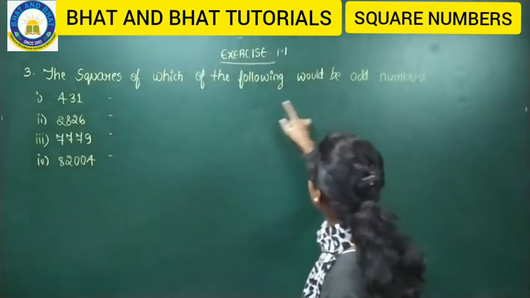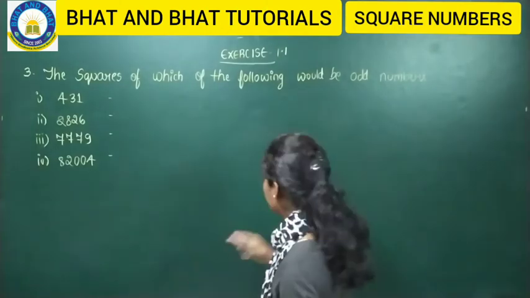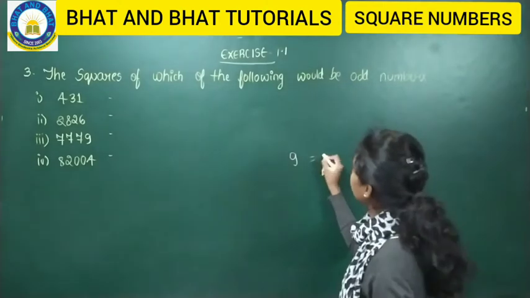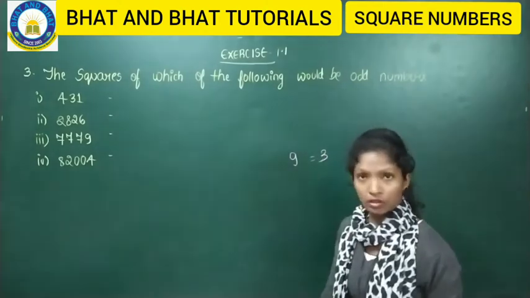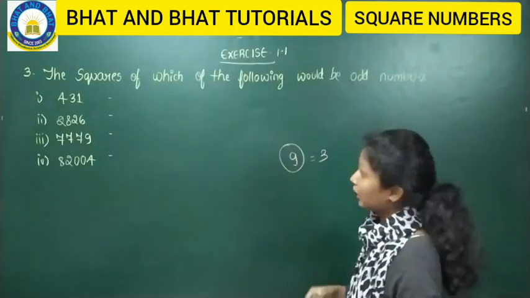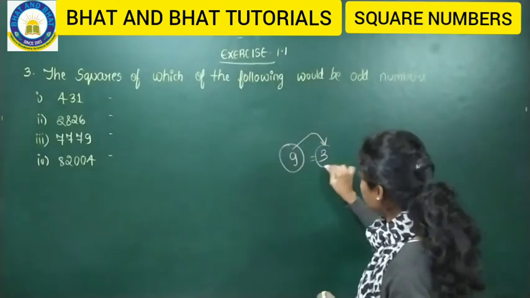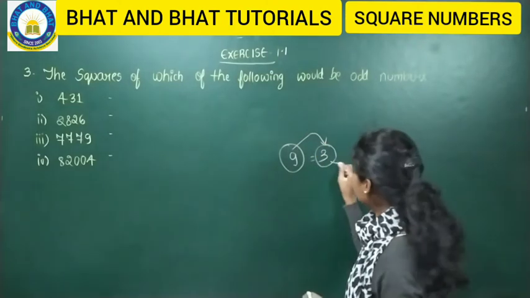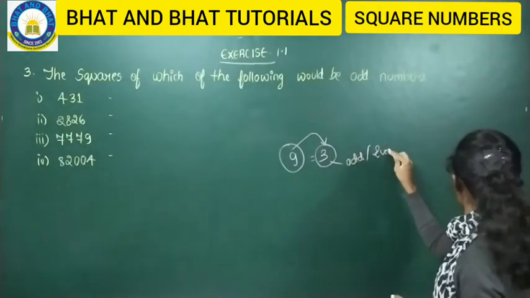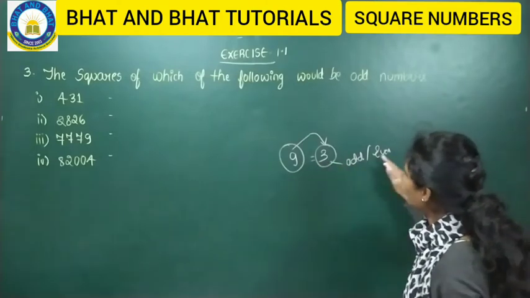For example, if I tell you 9 is the square of which number, you usually tell ma'am it is the square of 3. In the same way, they have given you this number where you have to find this number is the square of which number and whether that number is odd or even.